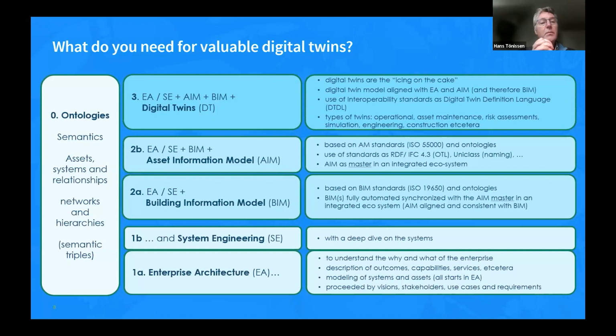And you can make the digital twin models. It's also important that you use interoperability standards, and the digital twin definition language is an important one. Then you can build up different types of twins in the operational, asset, and risk simulation environment, etc.